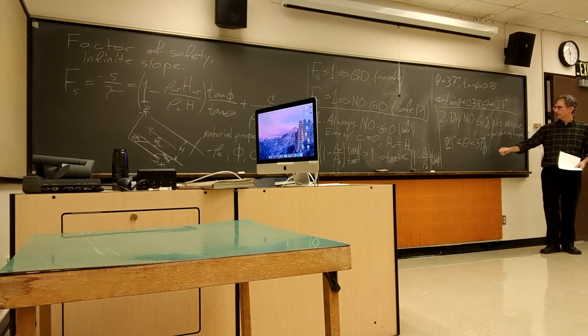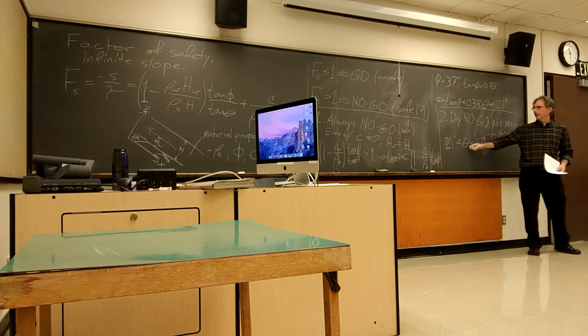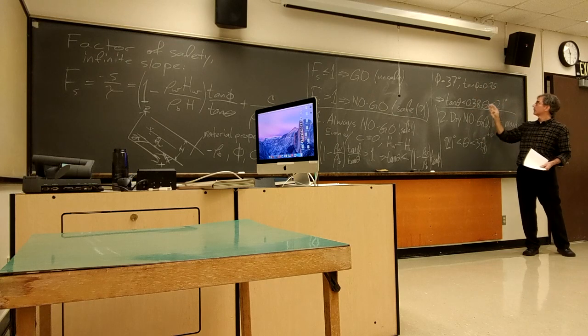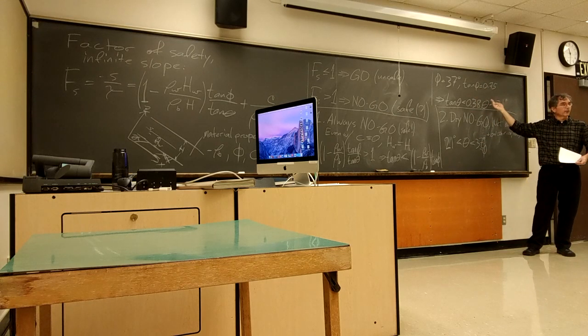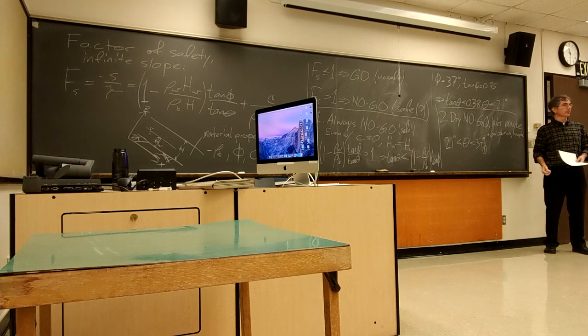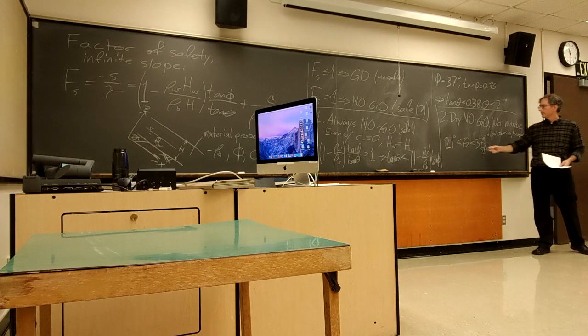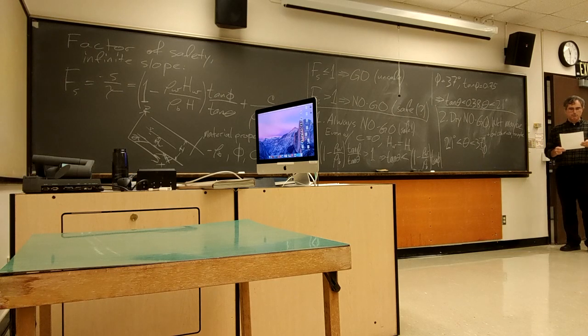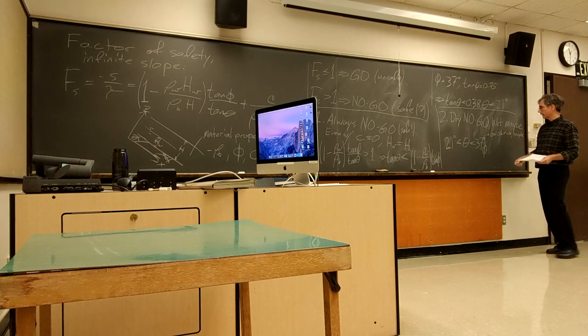So, in other words, our slope angle can be greater than the always safe slope angle that we came up with for a given material, but it's less than the angle of repose, and so essentially, you have to do the calculations.